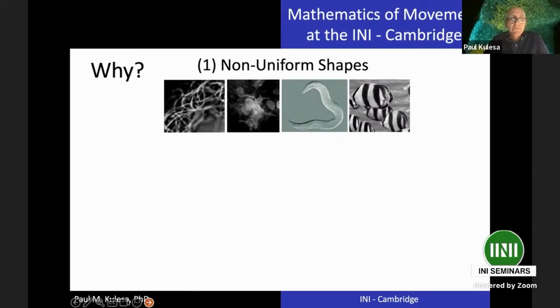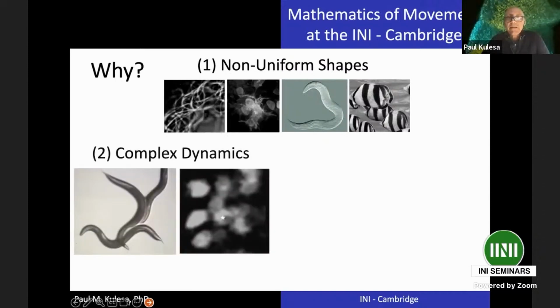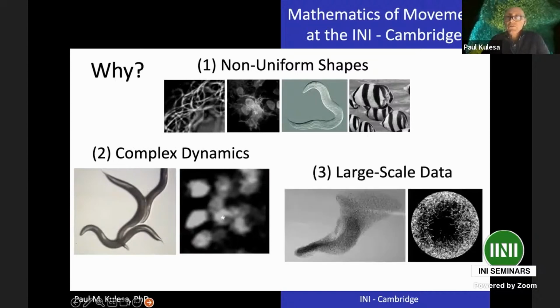We also have complexities in dynamics. Worms like to interface with one another, cross over each other. Cells like to do the same, such that it's very difficult to tell if this is an individual cell or a group of cells. And of course, we have large scales.